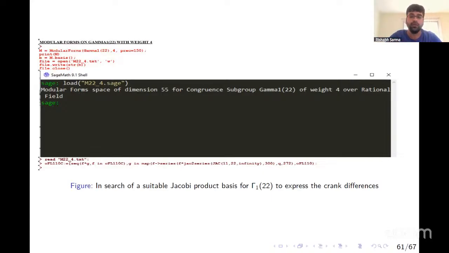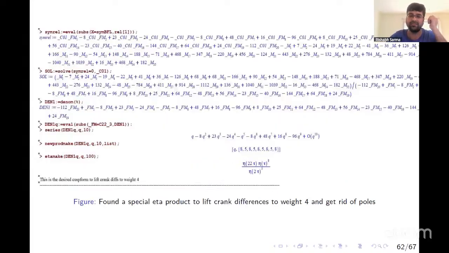Now the problem is that the basis elements that Sage gives us are holomorphic, but the crank differences do contain some poles. So we need to find an eta product or eta quotient which will get rid of those poles.